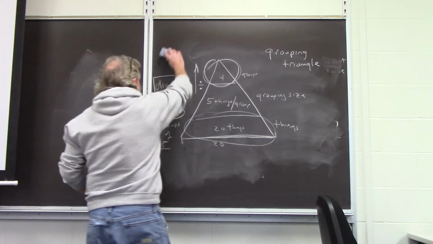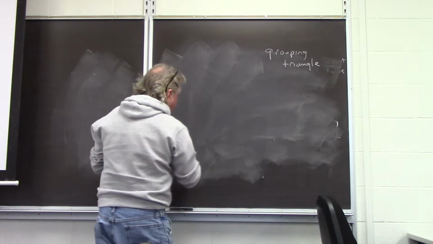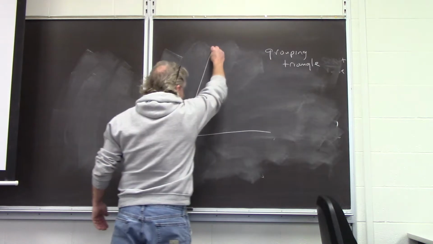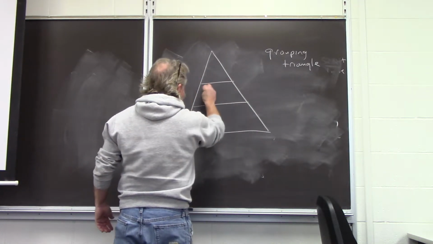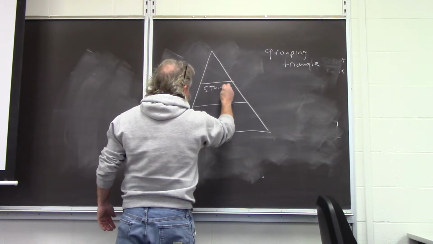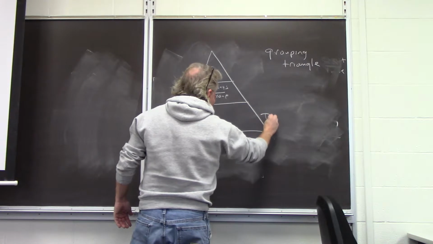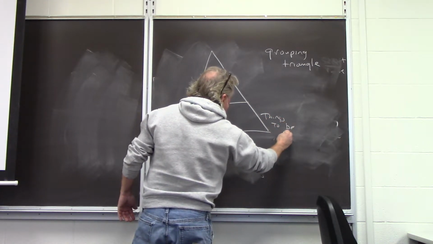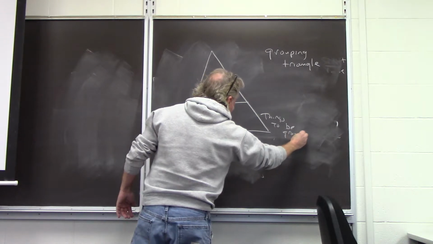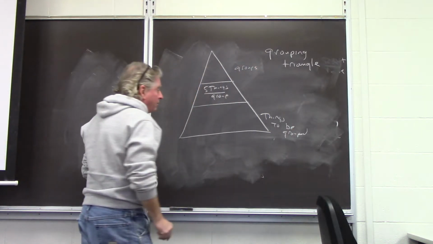Okay, so let's continue with the grouping. So I'm going to do the same type of grouping with the 5 things per group. And I have my things to be grouped. And then I have my groups. Okay, so let's go the other way.